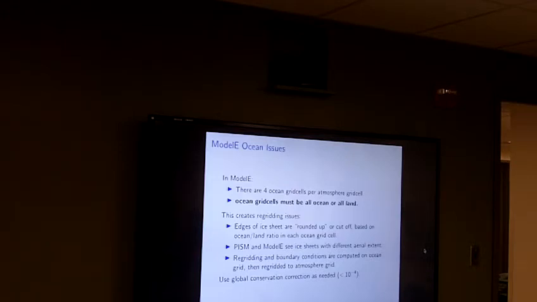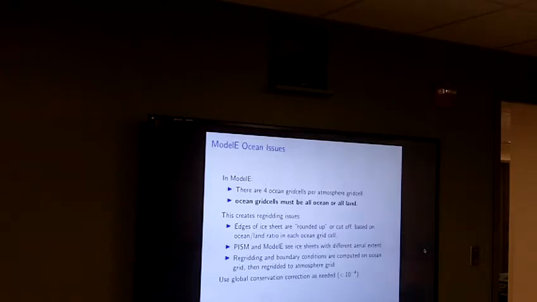So the ice model, PISM, says there's ice here, and Model E says there's not ice there. And so what Model E does is it rounds these ocean grid cells. So with this one, it would say, oh, there's not much land there, so that's going to be all ocean. Whereas another one, it would say there's your coastline, and there's just a little bit of water.